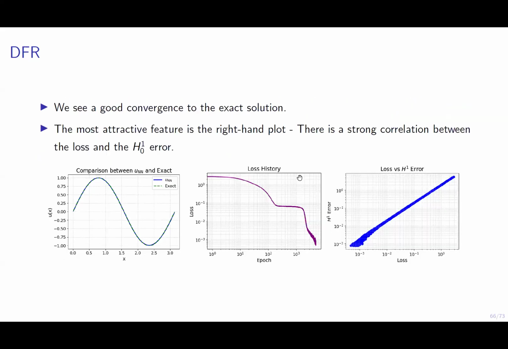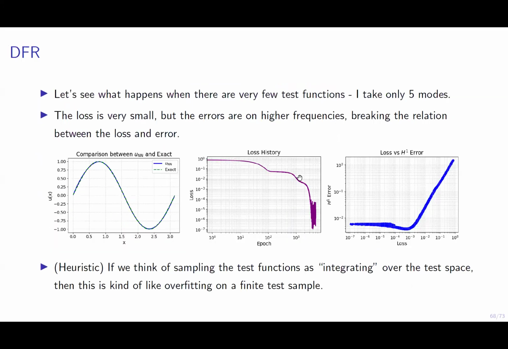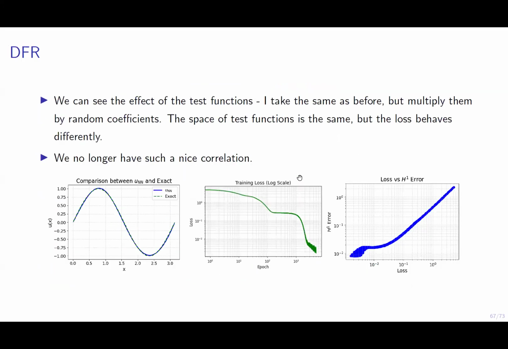But effectively, all I've done is introduce some weights in this part here. This breaks the relationship between the loss that I'm evaluating and the dual norm that I really want to estimate. And what we see is that we break this linear regime around here, and then it goes back to linear afterwards. But if I take a much larger range of these weights, we would see further and further breaking of this relationship.